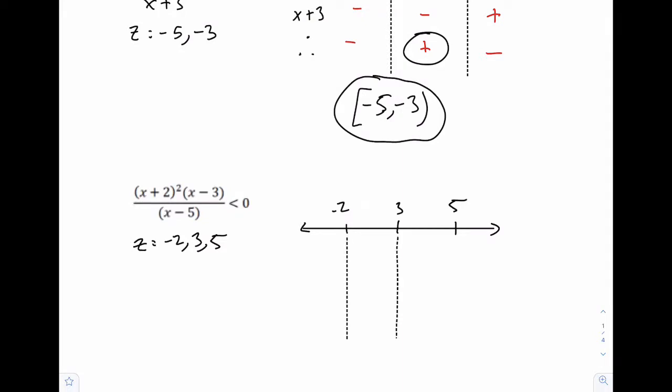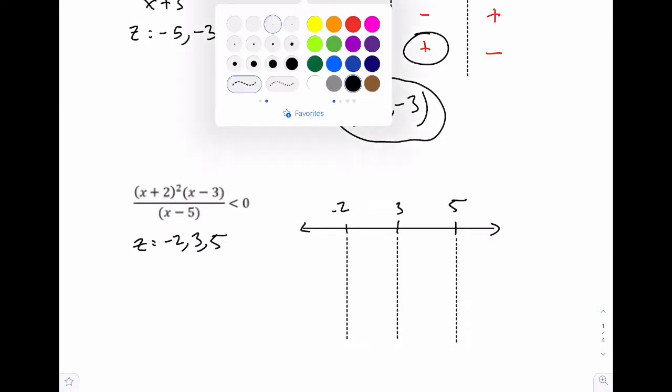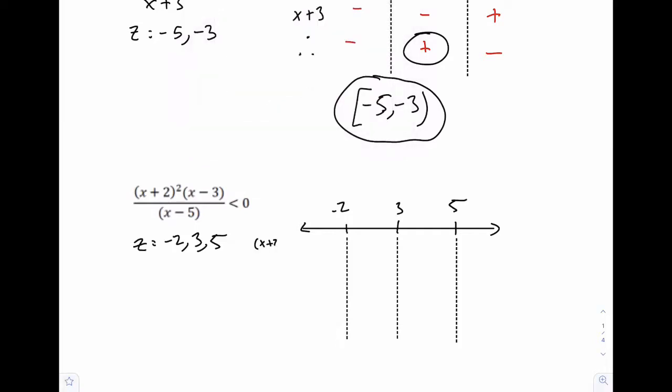Let's drop these down. And now let's put our factors on the left. x plus 2 squared, x minus 3, x minus 5. Therefore, let's pick numbers now.